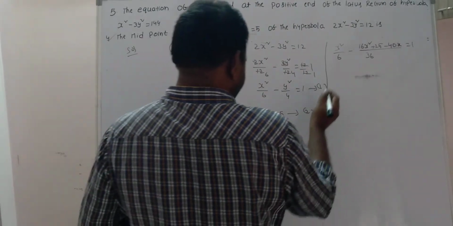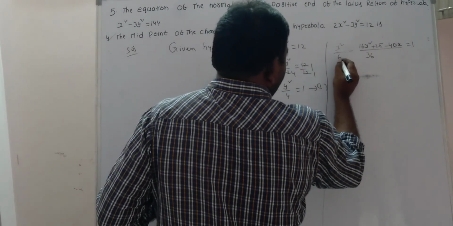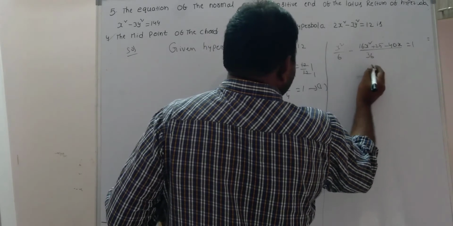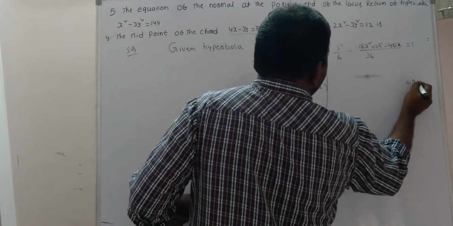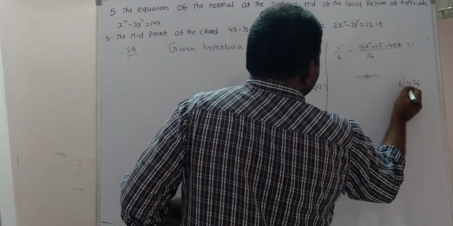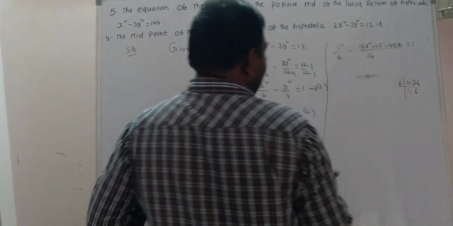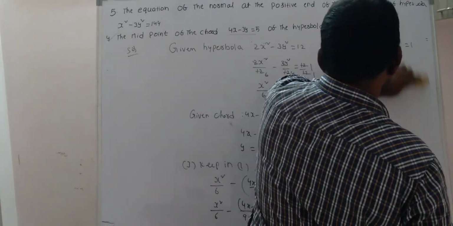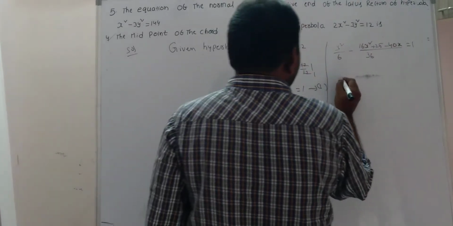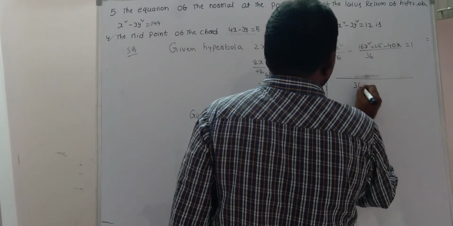So here if you take the LCM of 6 and 36, we get 36 only. Six sixes are 36. Okay, we get the LCM 36.